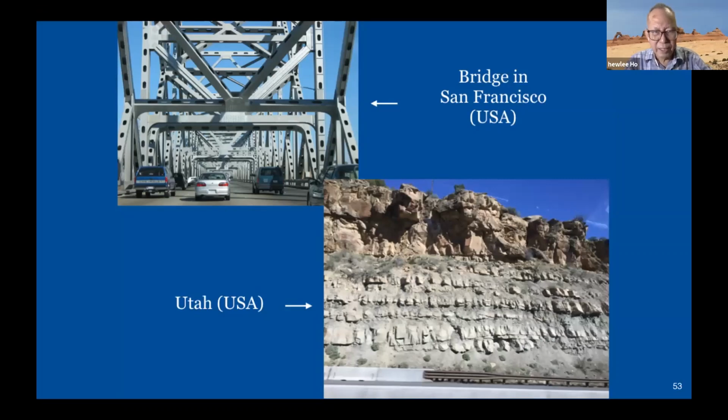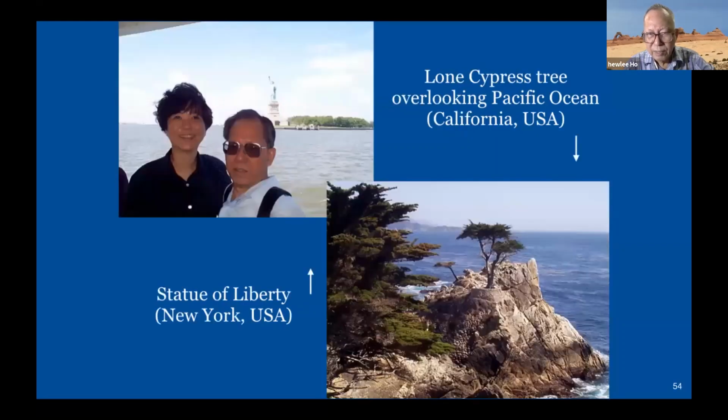Some very unique bridge. It's a very old-fashioned bridge. Statue of Liberty in New York. Even this lone cypress tree is overlooking the Pacific Ocean. So anything that you can't see, you can dream about it.